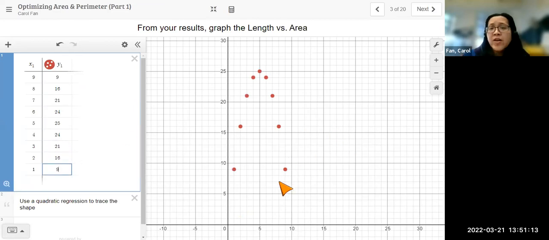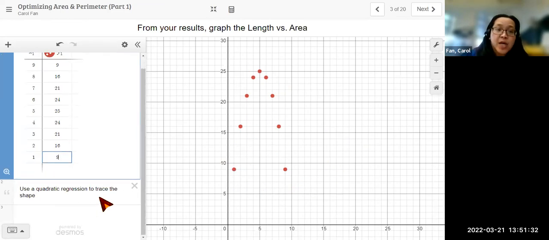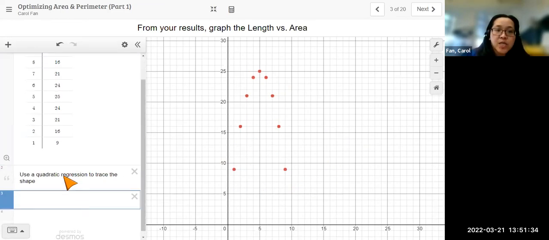Okay, this looks very much like a parabola. So I know that this is a quadratic, possibly a quadratic relation. Remember when we did math models, we said that using technology, we can create a regression graph to trace the shape. So I'm going to trace it using the quadratic regression.